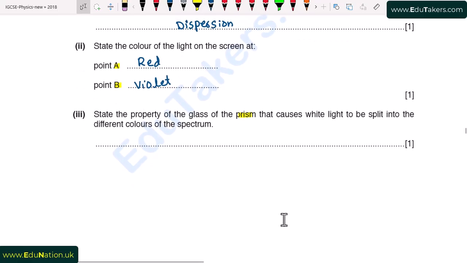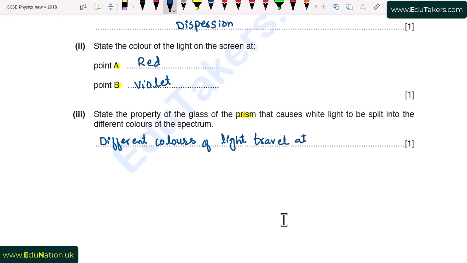So I write here: different colors of light travel at different speeds in glass.